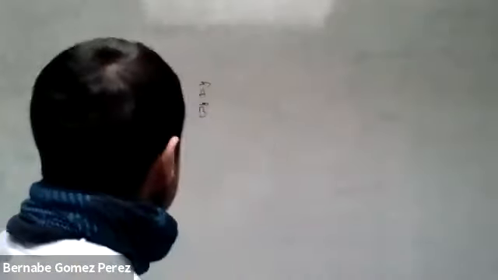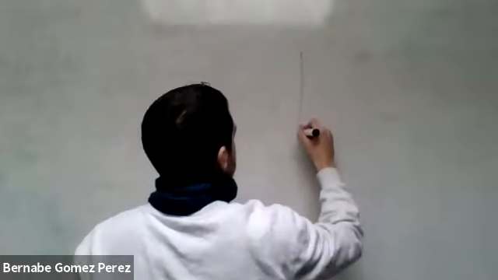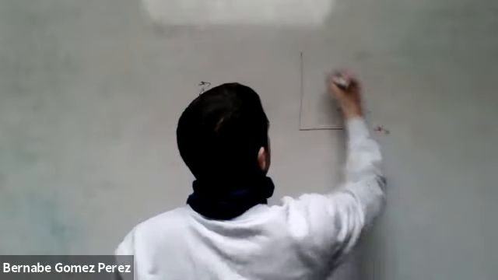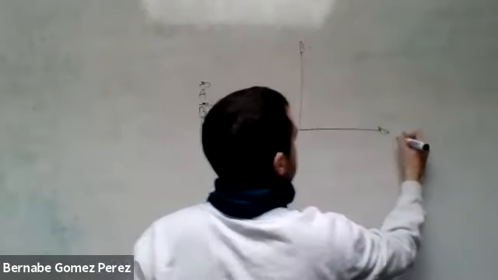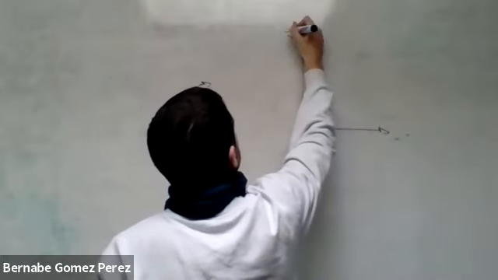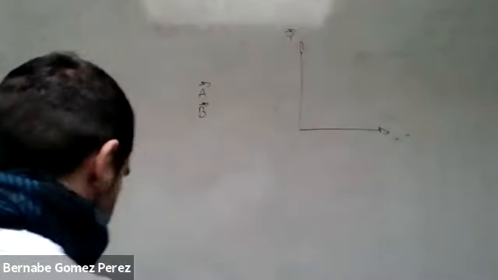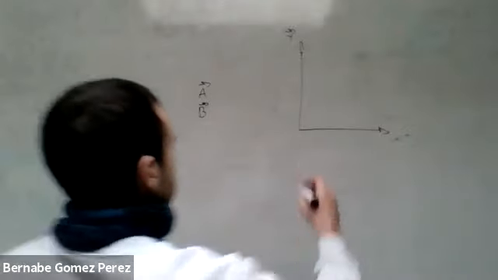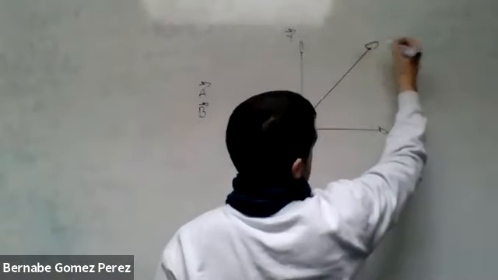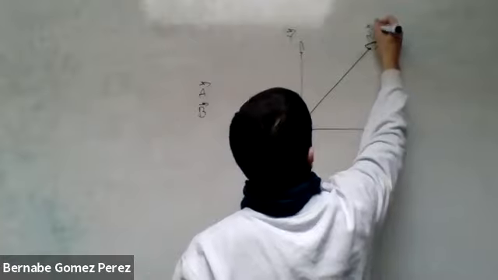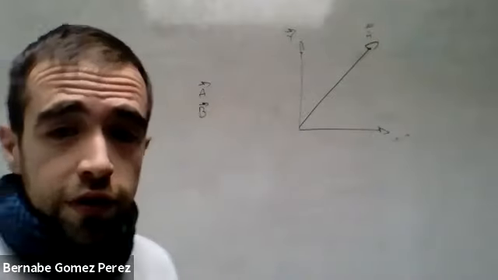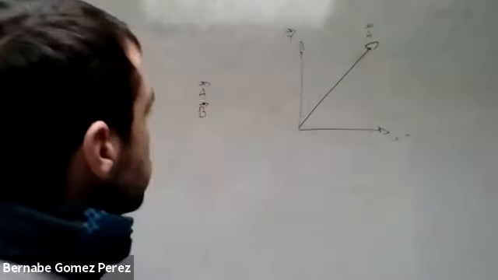We know A and B, so I think one really nice way to approach these problems is to make a small sketch for yourself so you understand what's going on, right? So you can basically draw the frame, let's say X positive, Y positive, okay? And you can work that out more or less, okay? I'm not gonna spend much time on how to draw vectors. I think you already know how to.